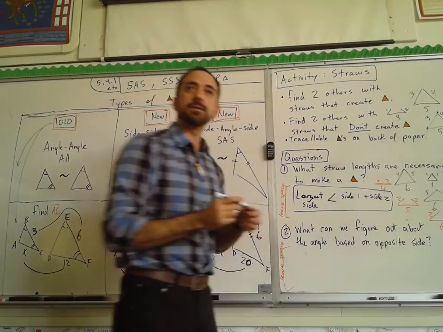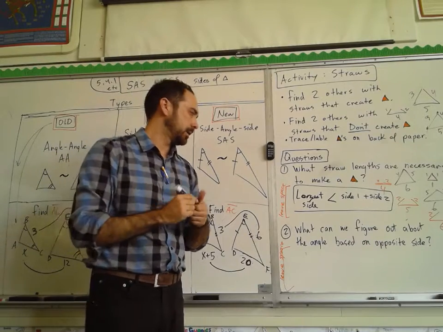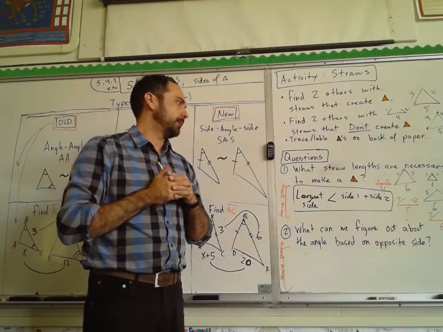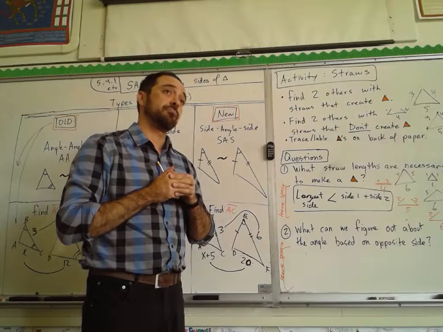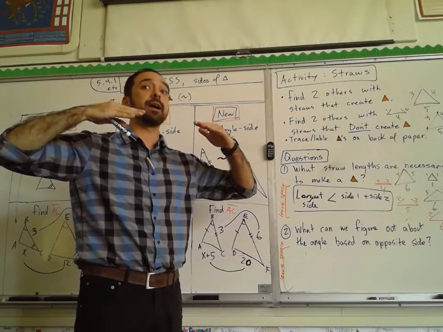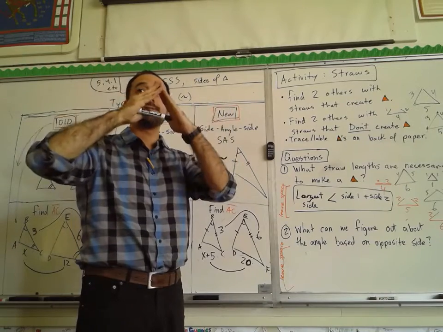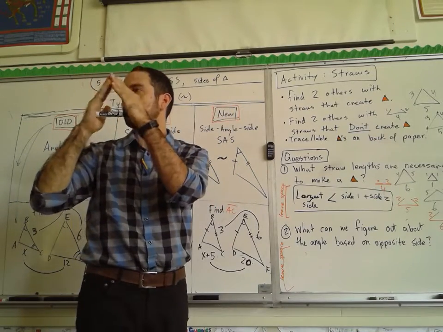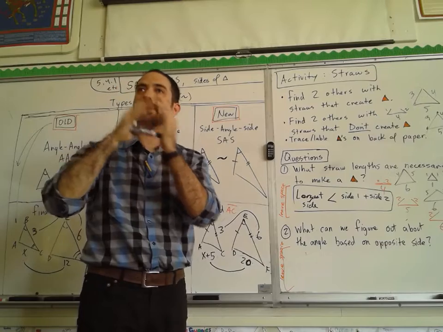That's what we need to know. So we figured that out from the straws. We know that if it makes just a bridge, it's not a triangle. If it doesn't get to both sides, it's not a triangle. If it hits, then we have a triangle. So those 2 sides of the bridges have to be larger than that longest side.